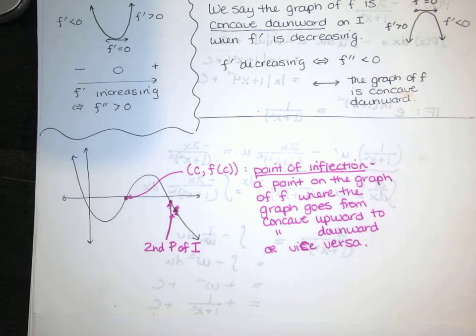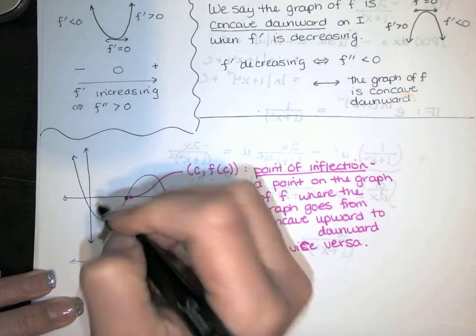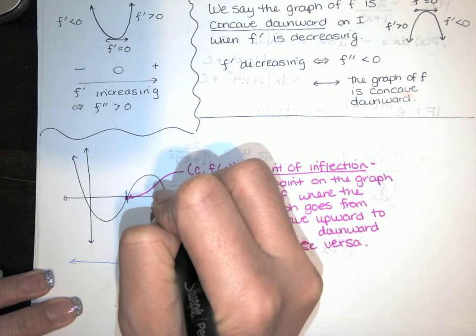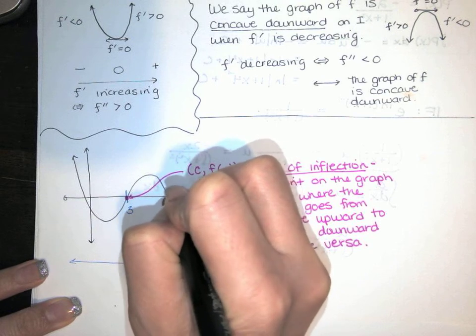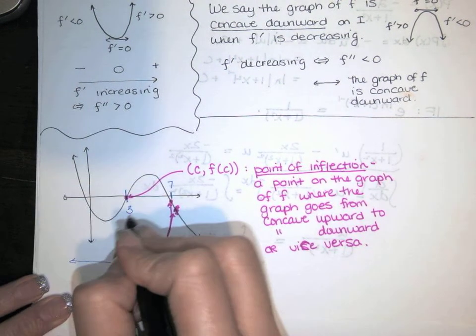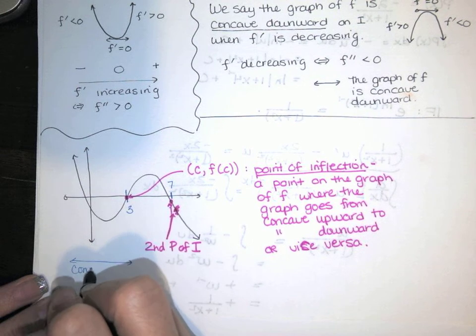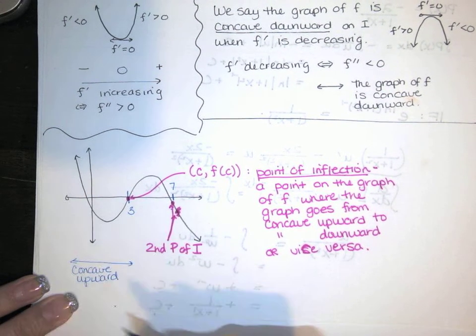Let me mark up my graph. Now, I don't know what that x value is, and I don't know what that x value is, but maybe that's 3, and let's say that that's 7. Obviously, this is not to scale. So this is concave upward over here. If someone said, where is this graph concave upward?